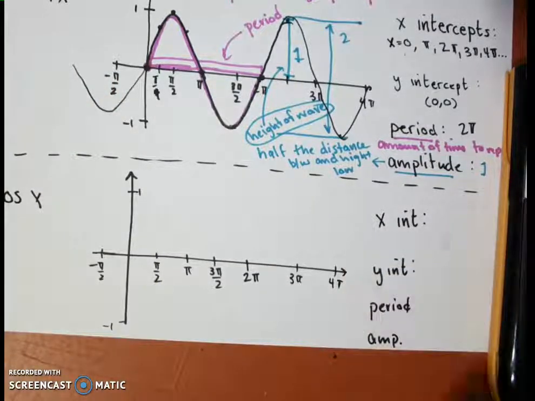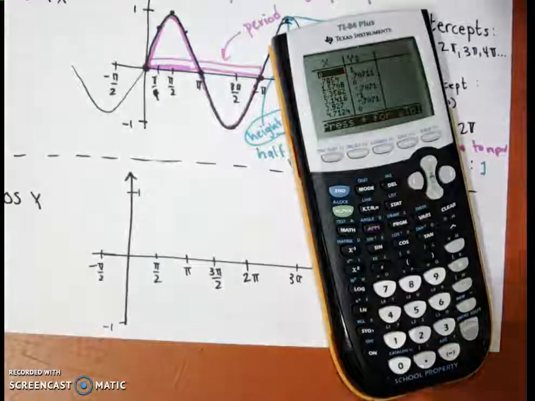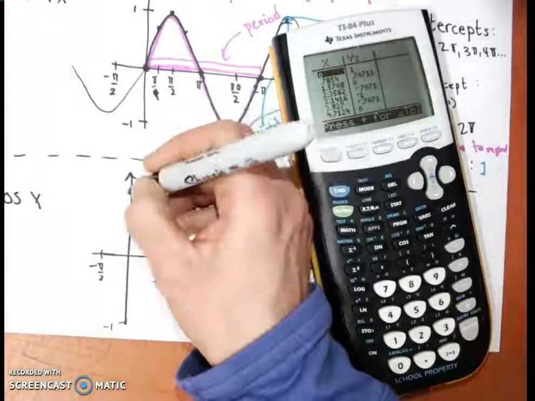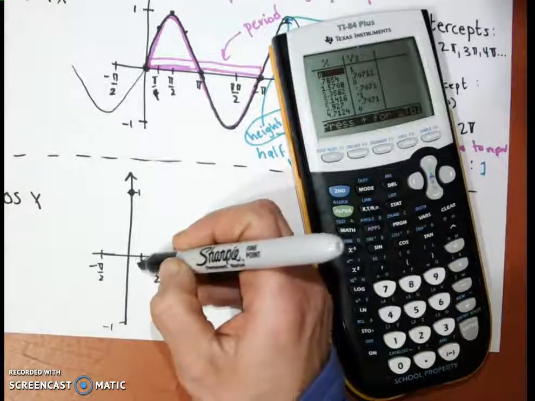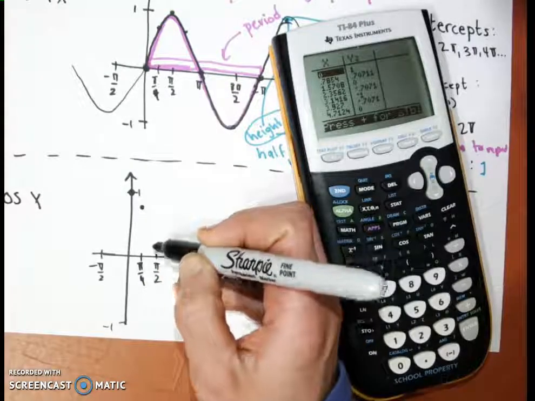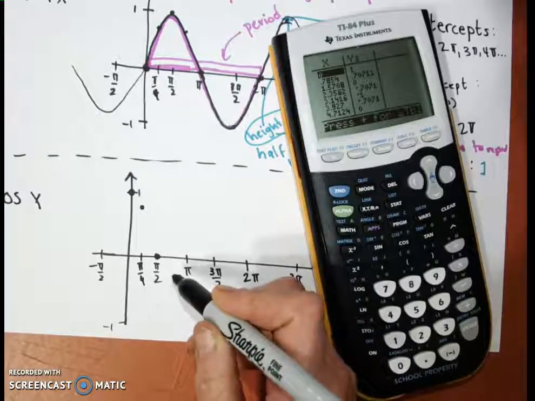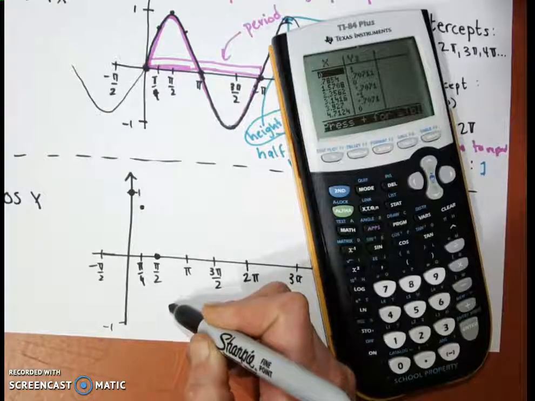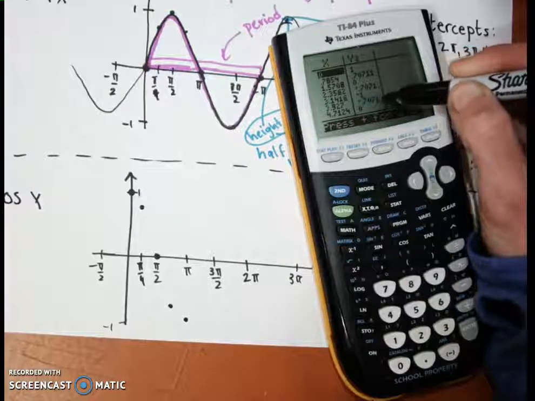Okay, so in the table it says at 0, our y value for cosine is 1. At pi over 4, it's at 0.7. At pi over 2, it's at 0. At 3 pi over 4, it's at -0.7. At pi, it's at -1.